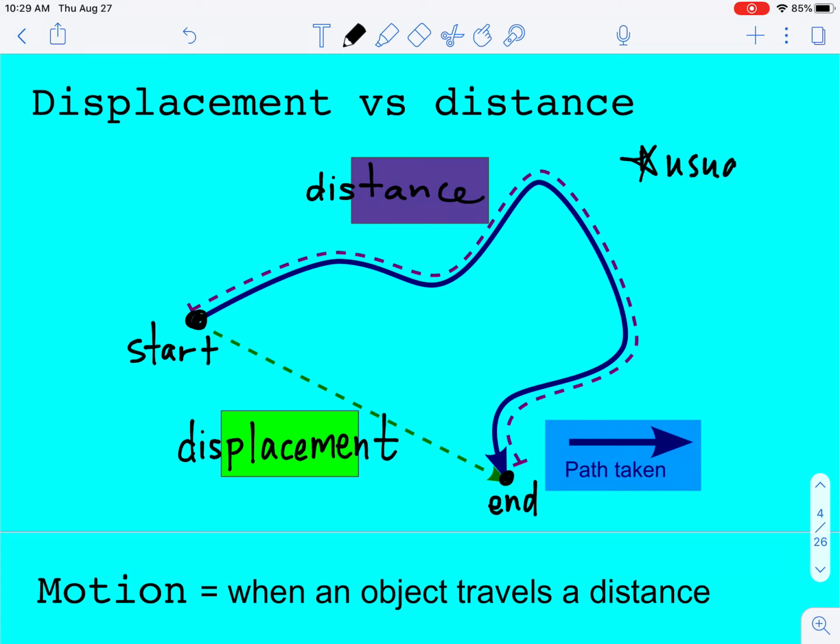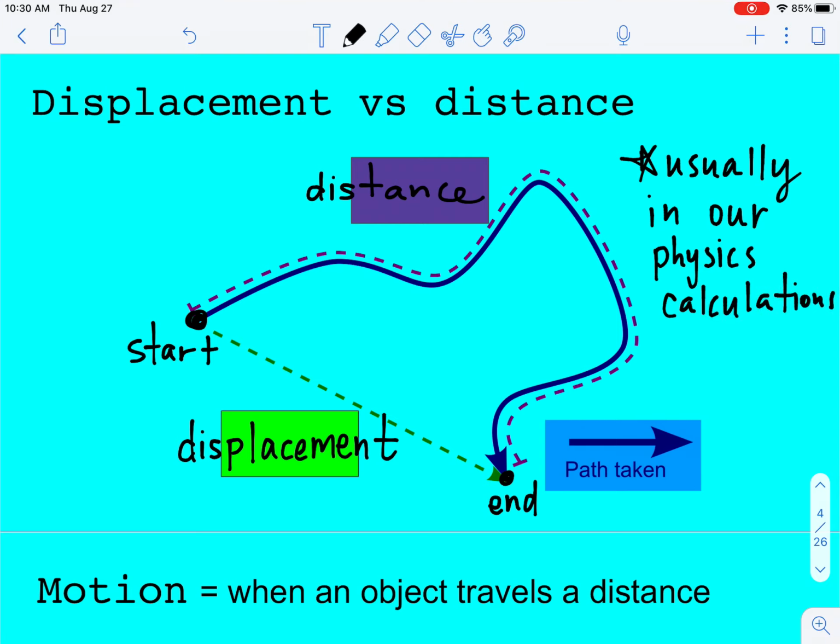However, usually in our calculations in physics, these will be the same, but I just want you to know they are these different ideas and different vocabulary words to talk about them.